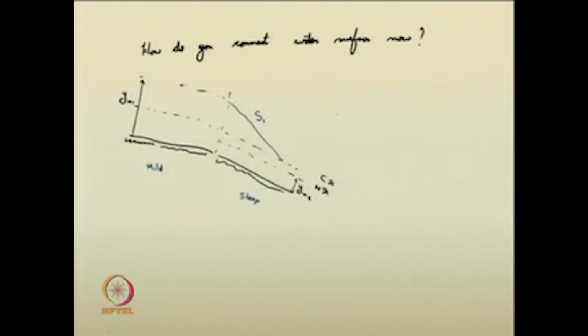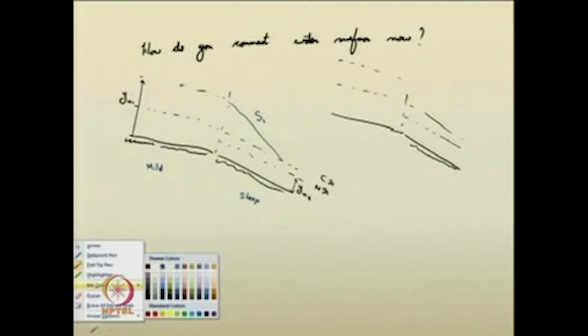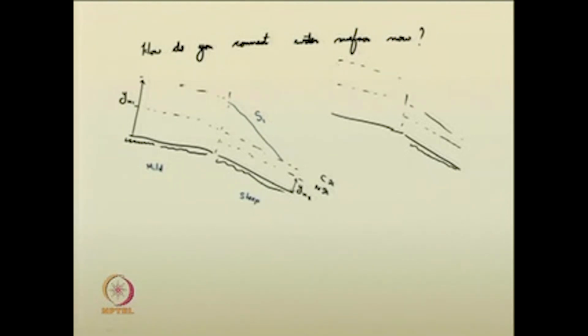Another situation you can imagine is the mild slope channel followed by the steep slope channel. Critical depths are same. The normal depth line here, normal depth line here. In this case, up to here, up to the critical depth like this, the water surface may go like this and try to join like this in the normal depth.